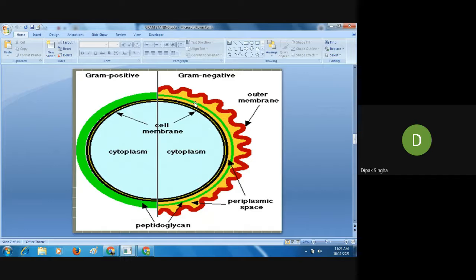In gram negative, the peptidoglycan layer is thin, but the outer covering is the outer membrane, which is lipopolysaccharide, along with the periplasmic space. This red color is lipid in nature, and the periplasmic space is also lipid in nature. So when you use alcohol, this portion will be dissolved, and finally the peptidoglycan will appear, and then safranin will dye it.